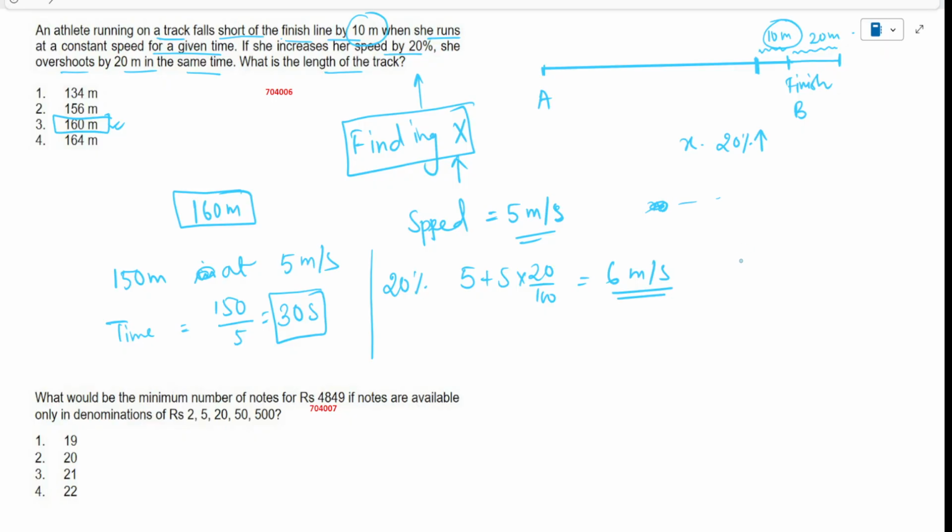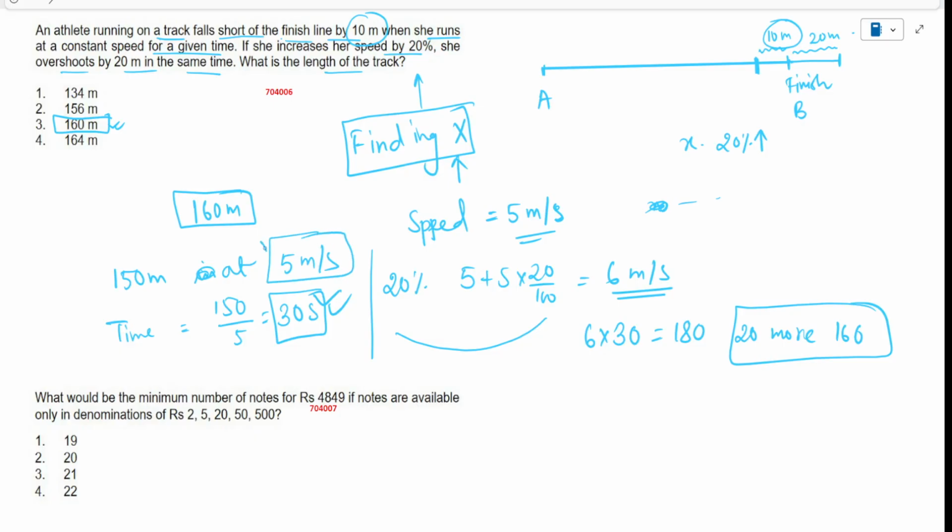If we multiply 6 into 30, the distance is 180, and 180 is 20 more than 160. That is justified, right? The time is fixed for both cases. Now you can ask how I chose 5 meters per second. You can choose any other data.